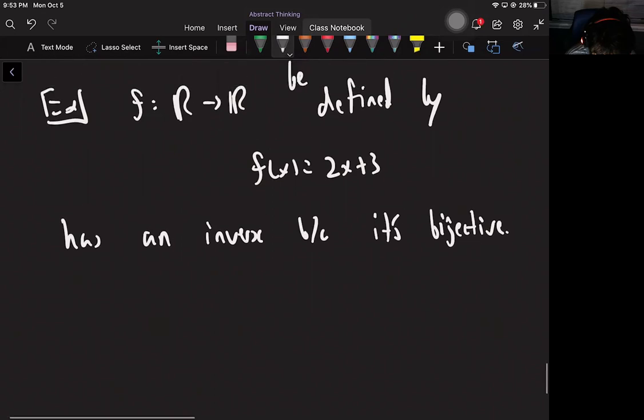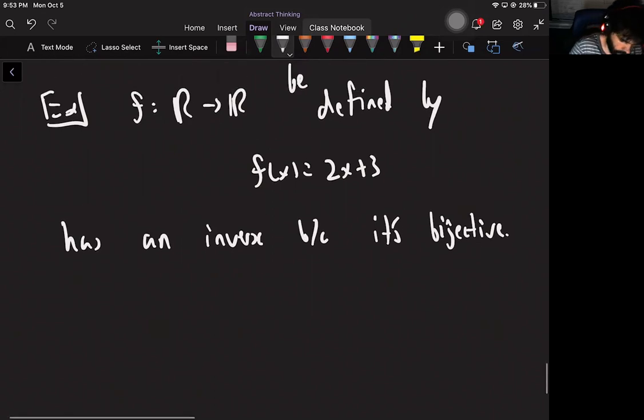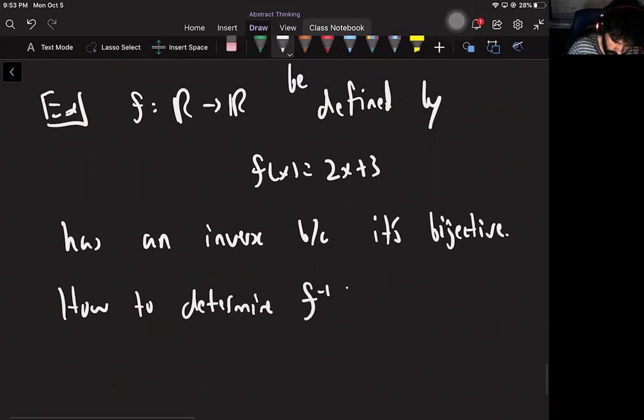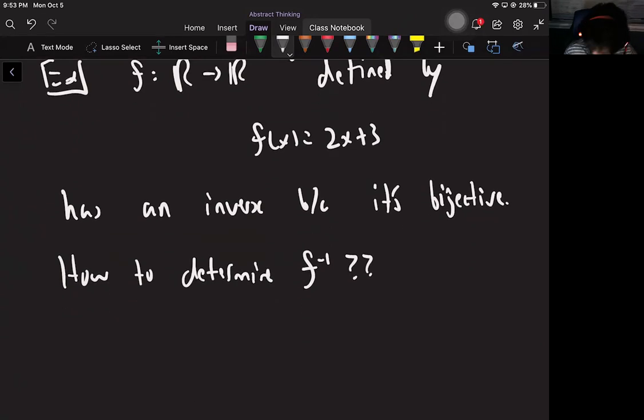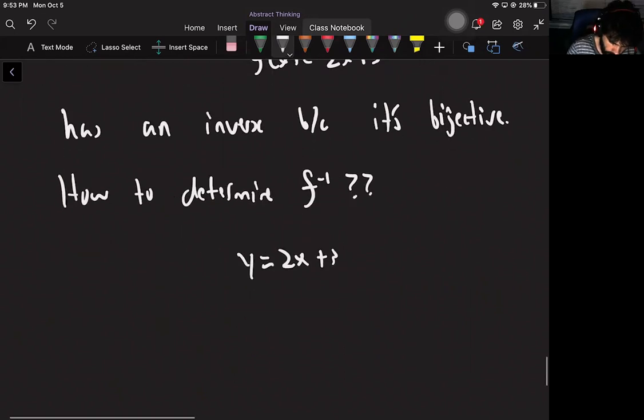Now we're going to figure out how to determine the actual inverse. Right now, we've just said we know it exists. Now, you're probably familiar with this little process in pre-calculus. You do this trick. You say, okay, pretend that this is y. Now, switch x and y. Now, solve for y.